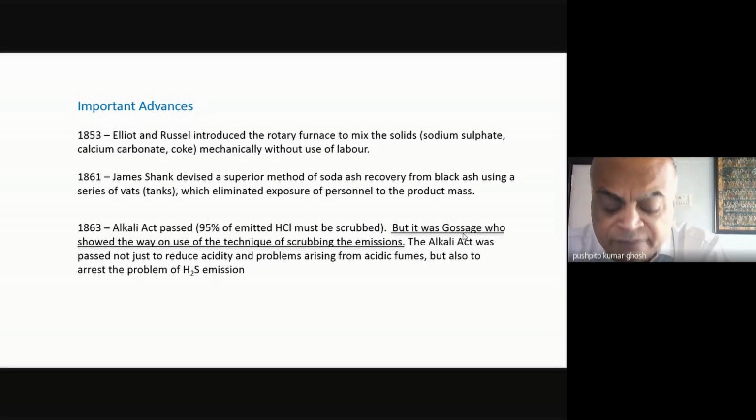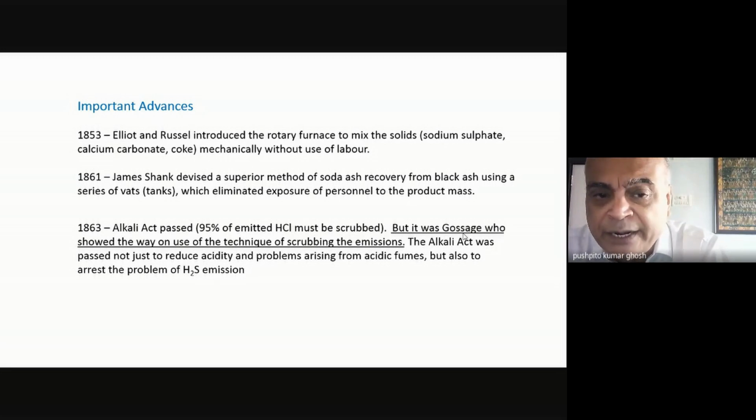And so what he said is that I will develop a method for scrubbing HCl with water. And that is the first application of scrubbing.